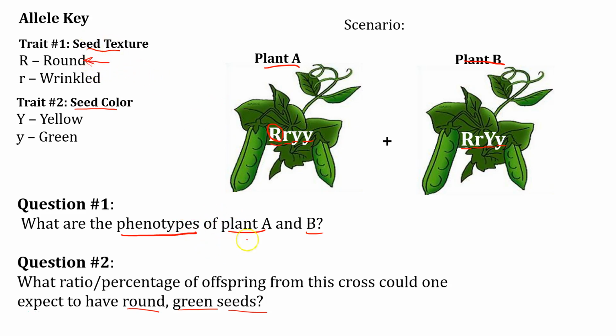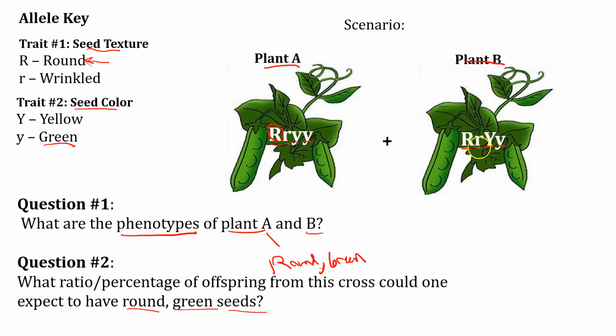So it's going to have round seeds. And then because it's homozygous recessive, it doesn't have any dominant alleles of seed color. So it's going to be the recessive phenotype, which is green. So these are going to be round green seeds in these plants.